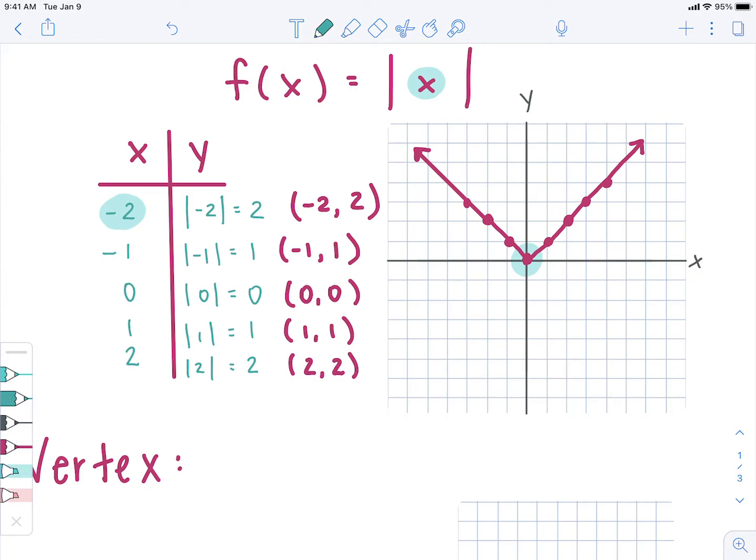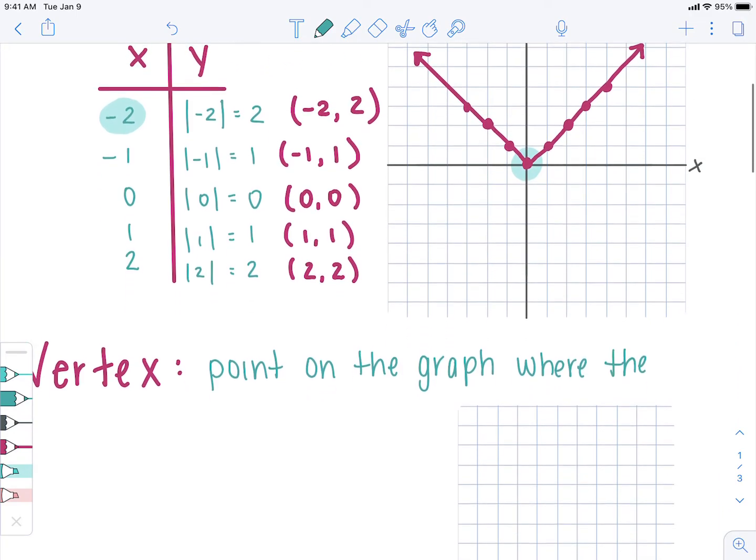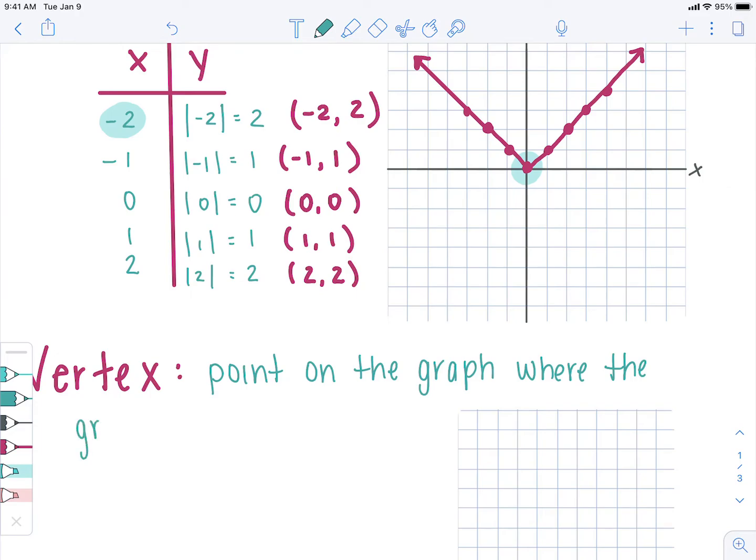So if we're going to label that or explain it to ourselves, it's the point on the graph where the graph changes direction. Or it's kind of like the corner of the graph almost.